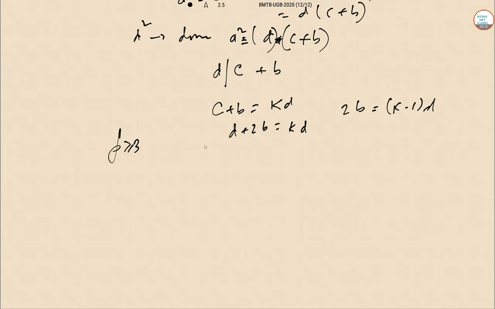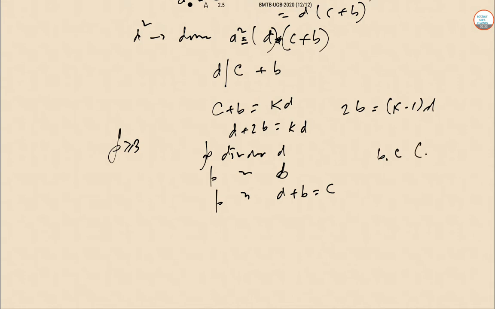As a result, p divides d, p divides b, and consequently p divides d plus b equal to c. But b and c are co-prime, so we get a contradiction. So the only possible prime factor of d is 2.